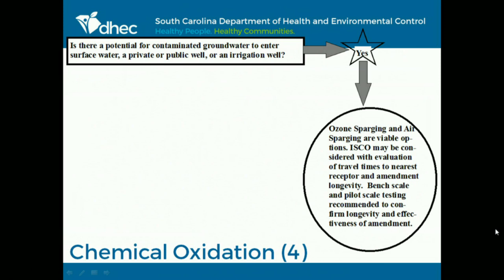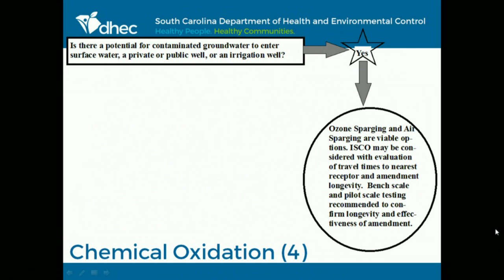So finally, we're back to the potential. So not only is it currently occurring, but is there a potential for it to occur? And this is a judgment call on your part based on your understanding of the site conditions. If you think there's a potential, you still need to be conservative in your choice of amendment type. And the decision tree does recommend bench scale and pilot testing to confirm the longevity of the amendment in the subsurface.